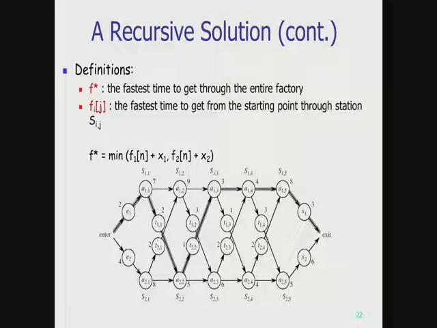Let us introduce some necessary notation. Let us assume that F star is the fastest time to go through the whole factory, and let Fij denote the fastest time to go from the starting point through the station Sij.